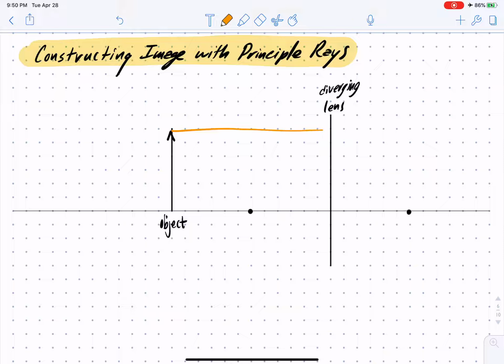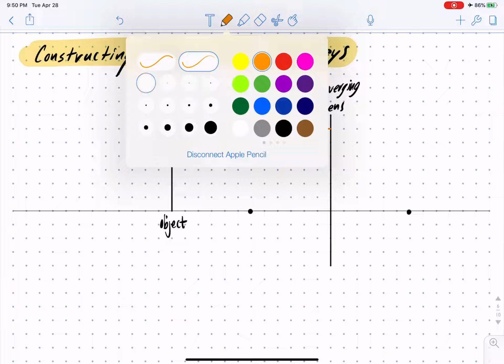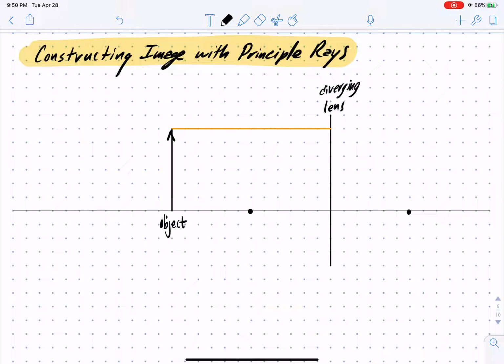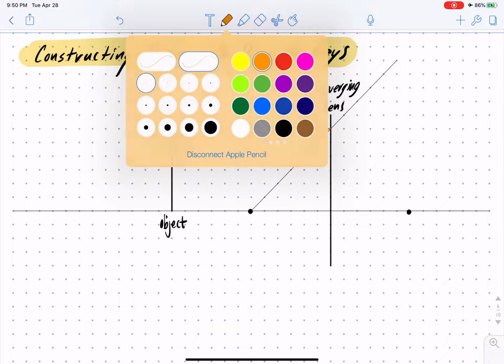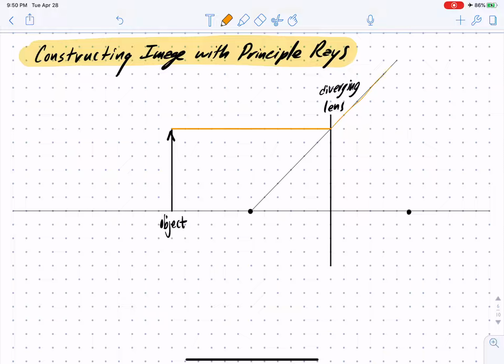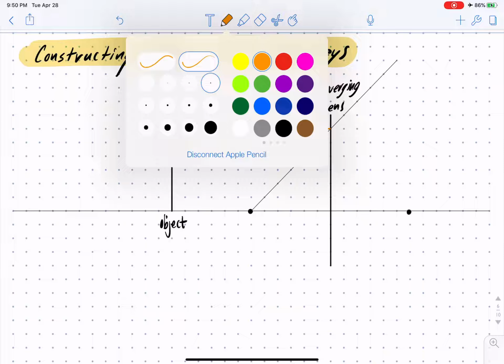We start with this one. It has to travel out as if it came from the focal point. So we'll go ahead and draw that guiding line first, and then we'll add to it where the light actually goes.